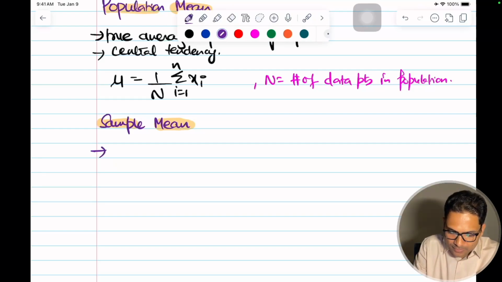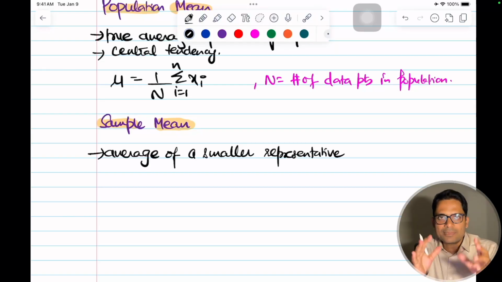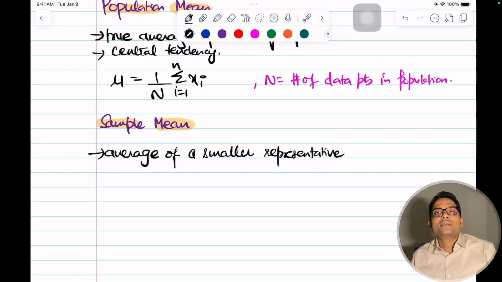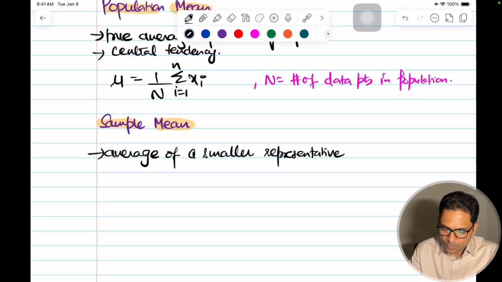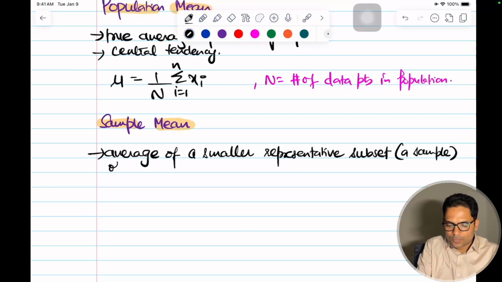This is the average again. We are talking about mean, meaning average, of a smaller representative subset. I'm taking it from the same city, not the entire city's population, each and every person, but a small representative subset. That is called a sample of the population.